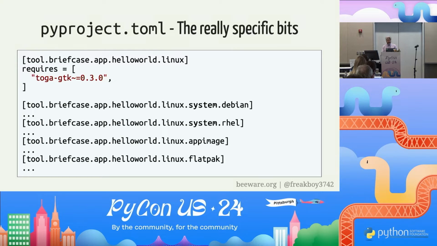So there's a deb configuration, an RPM configuration, and a PKG configuration. So there's a system.debian, a system.rhel, a system.suse, a system.arch for each of the platforms that you could potentially be targeting. You could also add a system.ubuntu if you have different packaging requirements for Ubuntu versus Debian, for example. That lets you specify system-specific requirements.